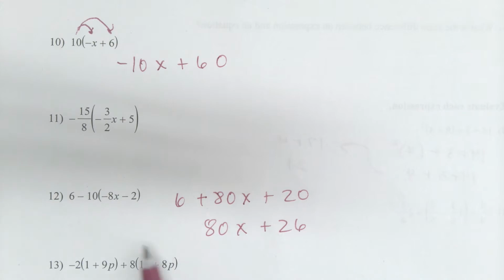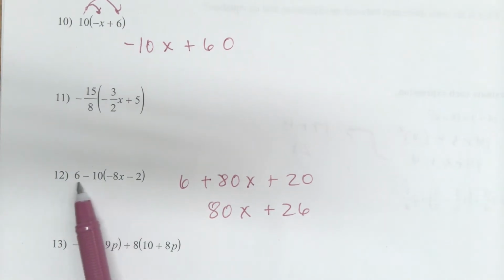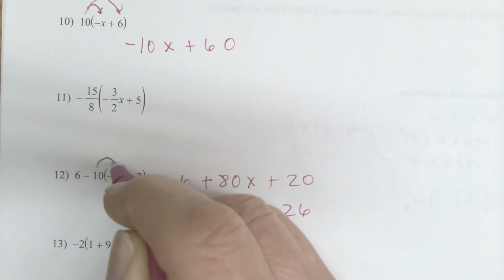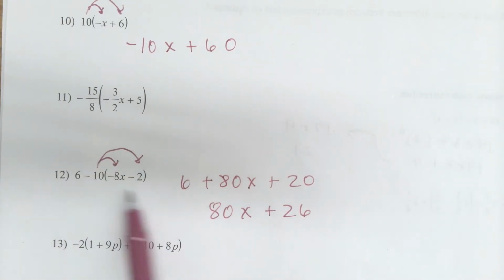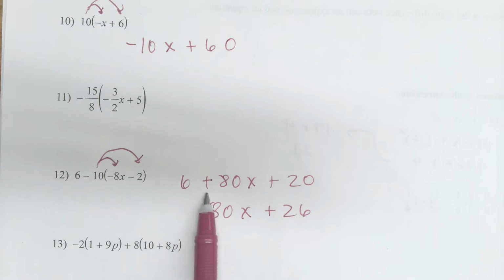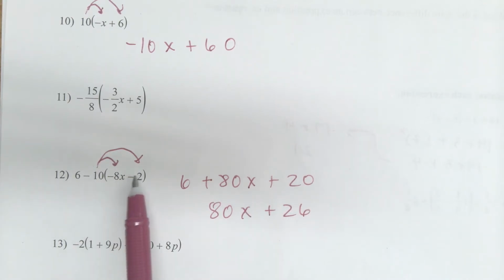Okay? All right. A lot of people, when you see a problem like number 10, you want to subtract this first, but you have to follow the order of operations. First, you have to distribute, and that's like distributing a negative 10. So the 6 stays the same, and then it's plus 80x plus 20. These signs will change because I'm distributing a negative.